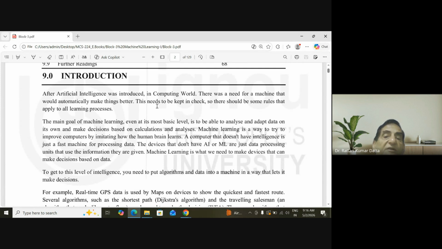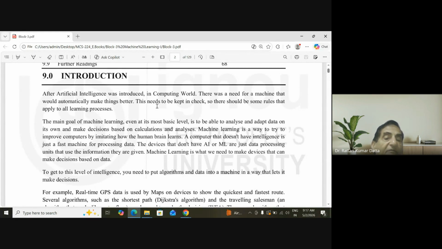After AI was introduced in the computing world, there was a need to keep it in check, so there should be some rules and processes. The devices that don't have AI or ML are just data processing, whereas ML has become more powerful as part of AI.